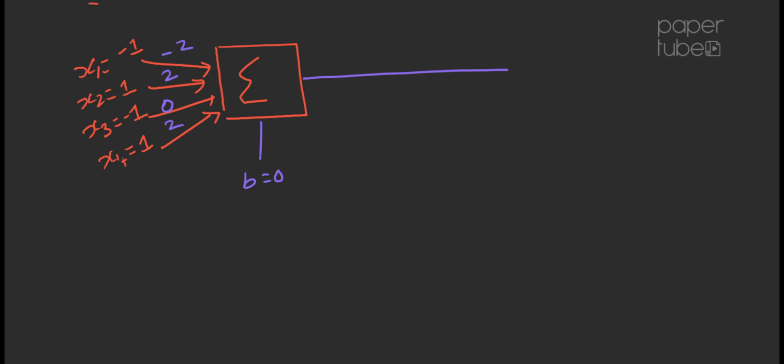And then if you calculate the net input for this one, it should be -2 multiplied by -1, plus 2 multiplied by 1, plus 0 multiplied by -1, plus 2 multiplied by 1, plus your bias value of 0.